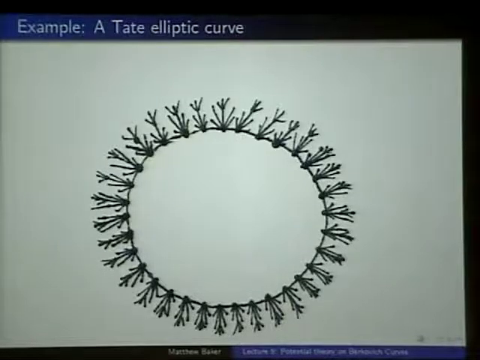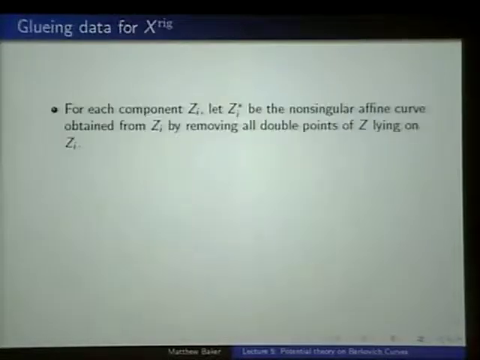So you start with some nice skeleton like this circle, and when you start blowing up points on the special fiber, you add more and more trees to your space. And the Berkovich space is obtained by some kind of limiting process over all blow-ups, or equivalently over all semi-stable models. So that's something I'll make precise in a minute.